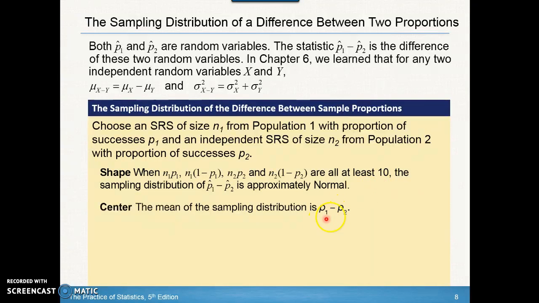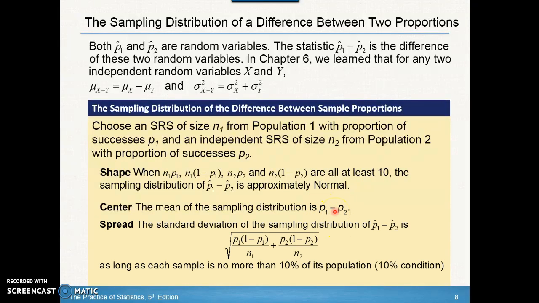The mean of the sampling distribution, since we're talking about a difference, is just the two proportions subtracted, but the standard deviation is a little bit different. Let's take a look here. This is the standard deviation of the first proportion, and this is the standard deviation of the second proportion.